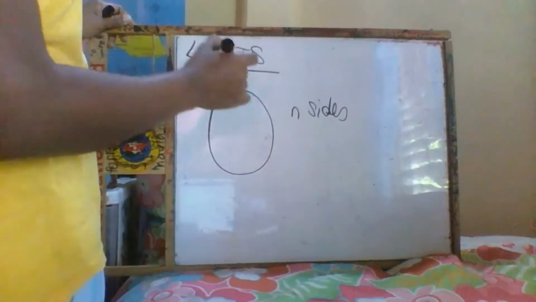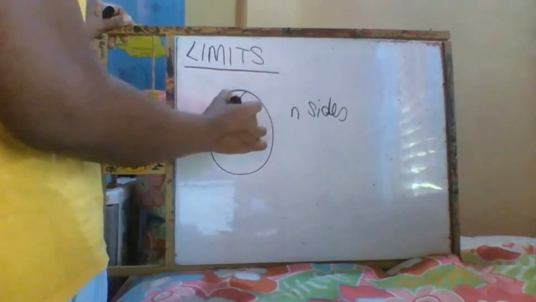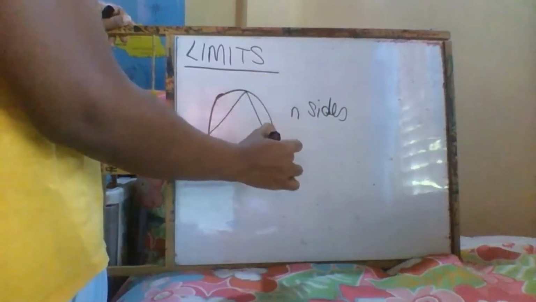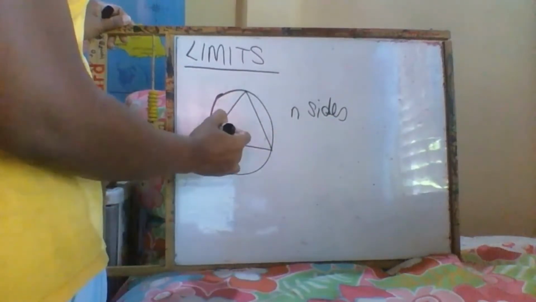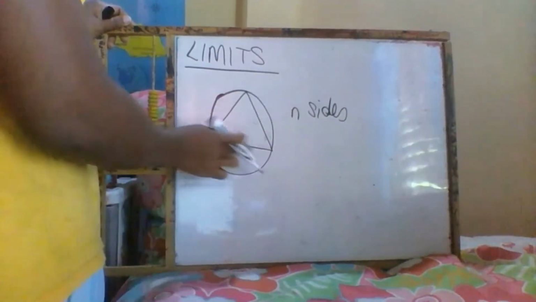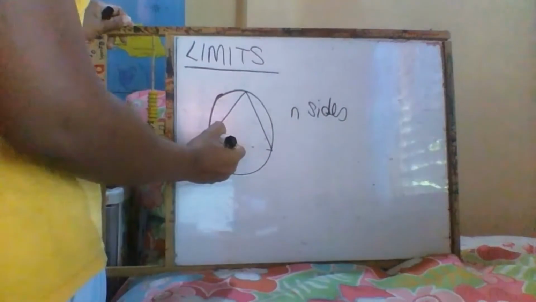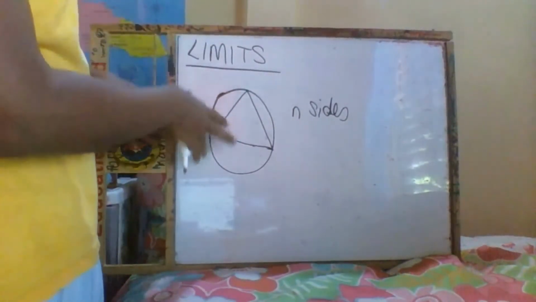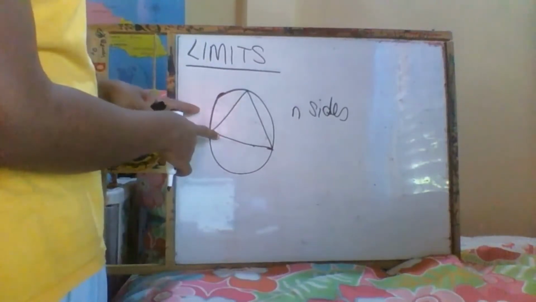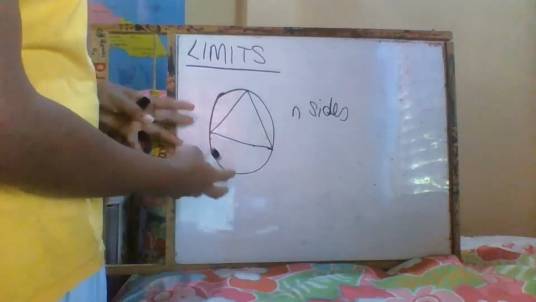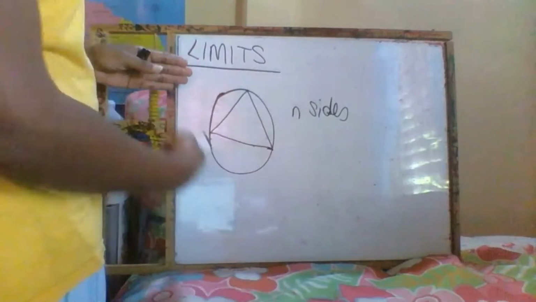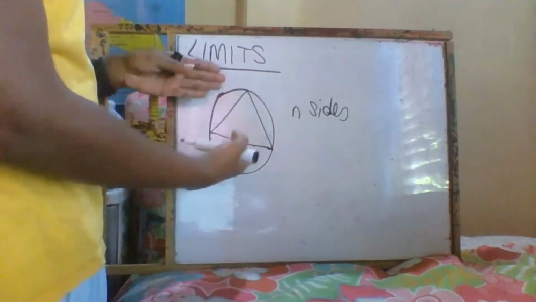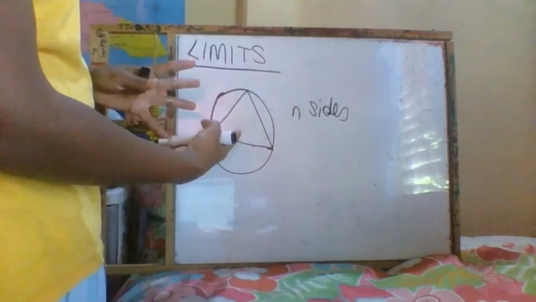So let's say we start our polygon with 3 sides, which of course is a triangle. It's clear that the area of this polygon, right, of this triangle, is less than the area of the circle, because of course the triangle is within the circle.